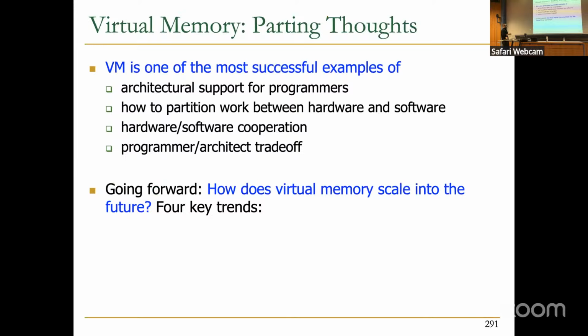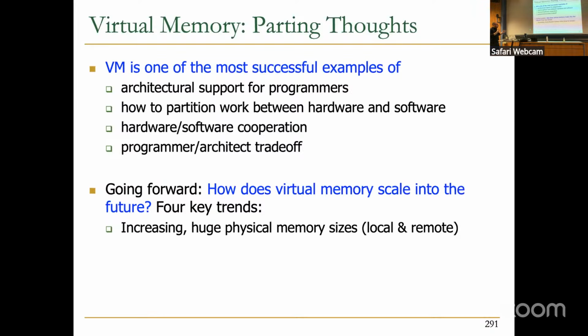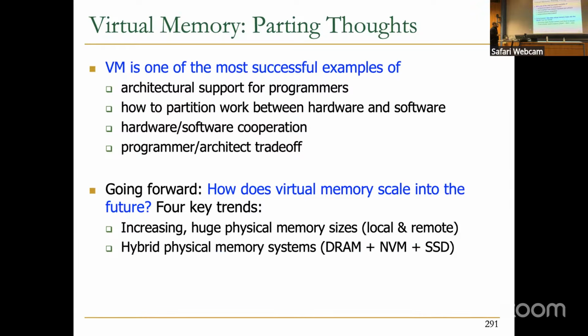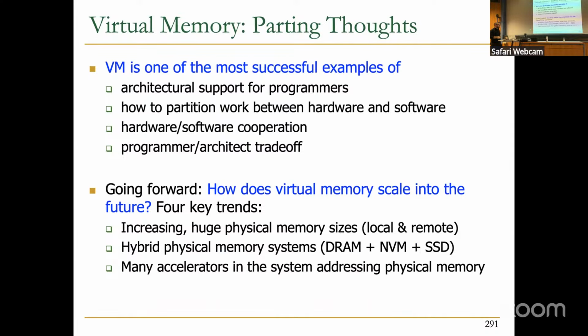And going forward, there are many aspects that need to be thought about, like how do we handle increasingly huge physical memory sizes when we have multiple memory nodes, distributed systems, and a hybrid physical memory system, which means we have DRAM, non-volatile memory, a hard disk, an SSD, and many accelerators like a GPU, a TPU, an NPU that try to address the same physical memory or a distributed physical memory.